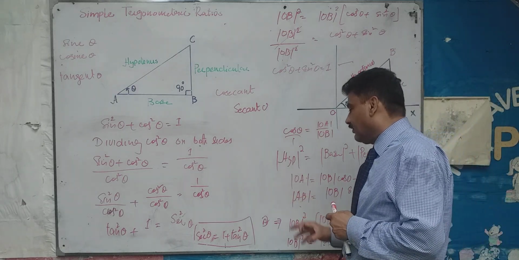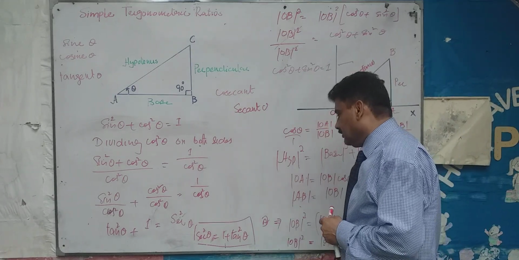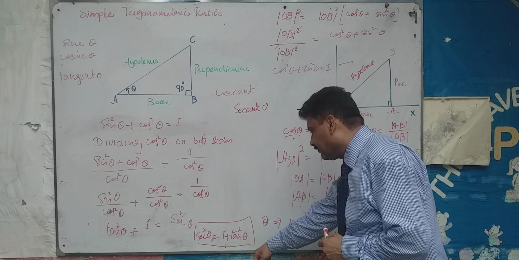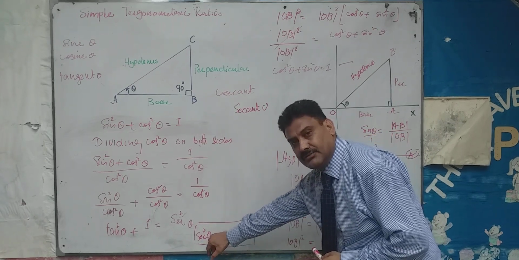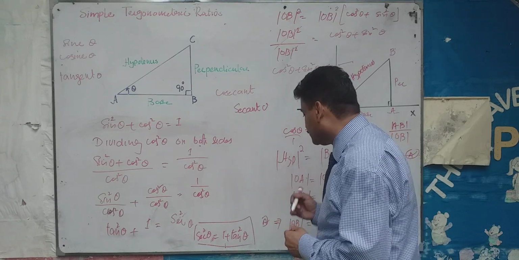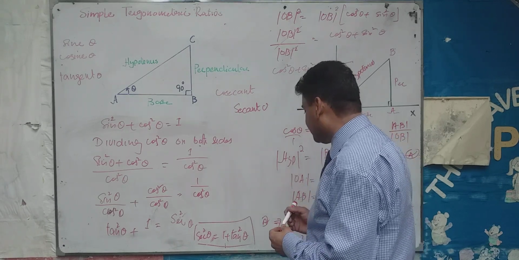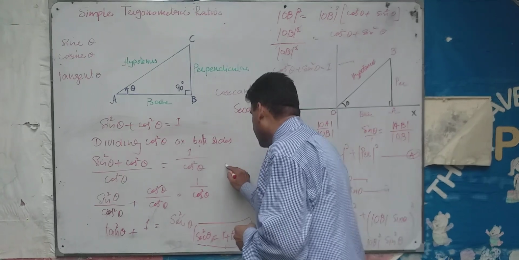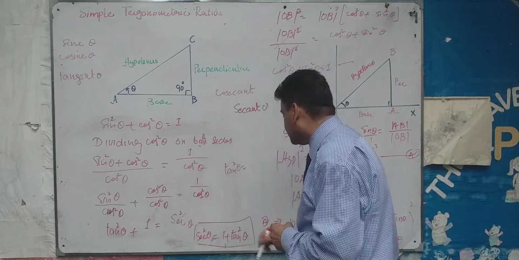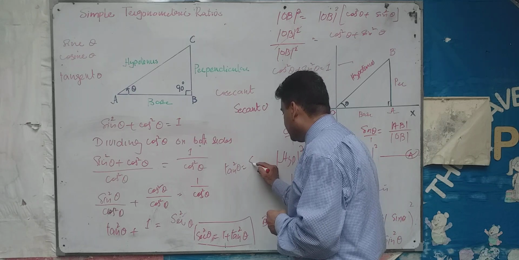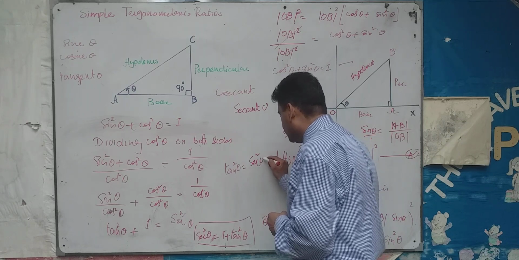We can write one more identity from here. If we want the value of tan squared, we take 1 to the other side. We get tan squared theta is equal to secant squared theta minus 1.